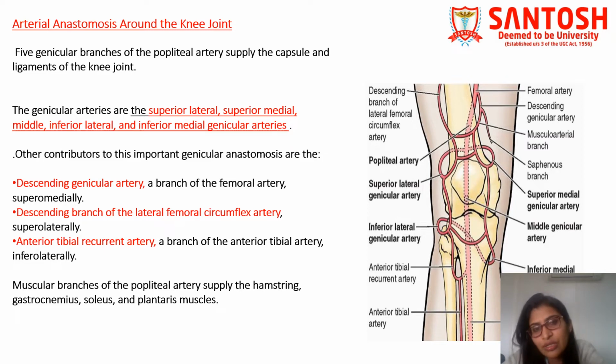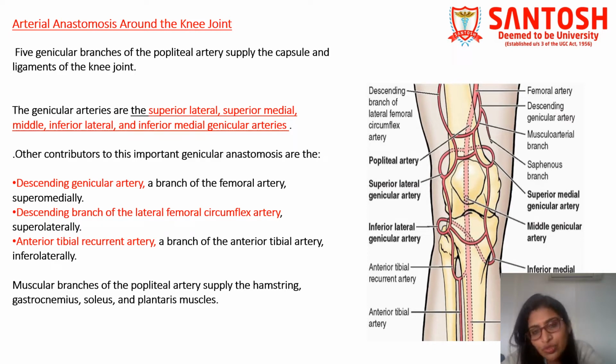Now the genicular arteries are the superior lateral, superior medial, then the next is the middle genicular. The others are the inferior lateral and the inferior medial genicular arteries. These are the arteries which form the anastomosis around the knee joint.